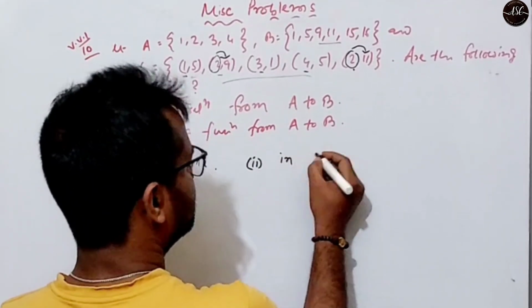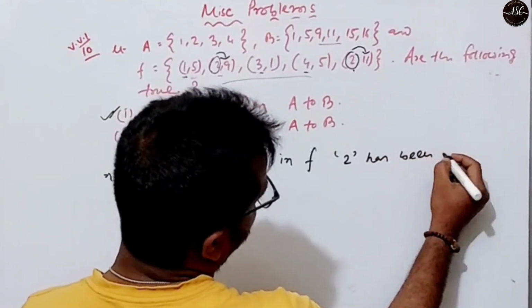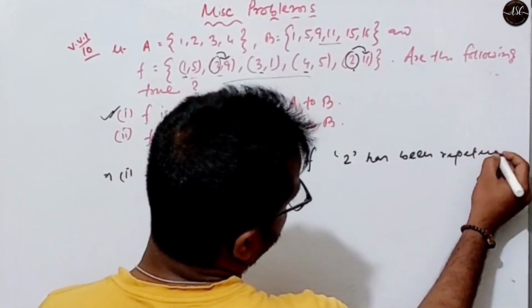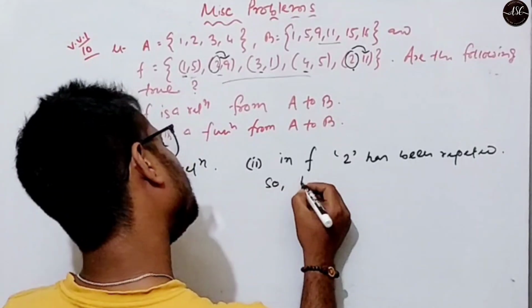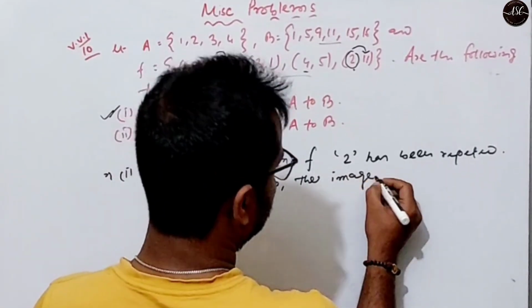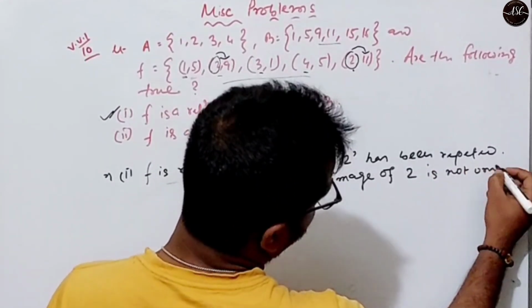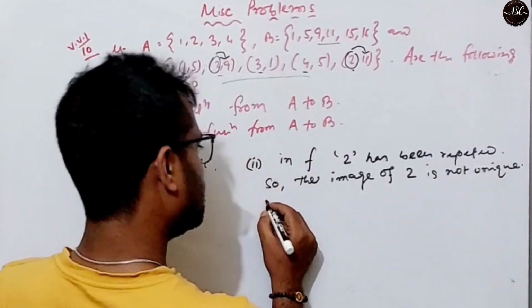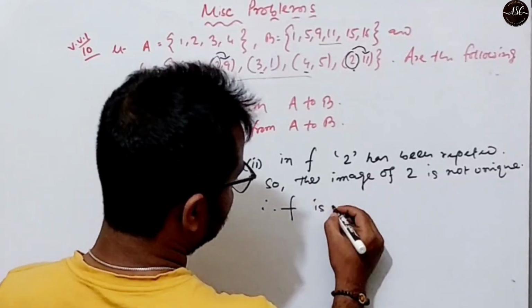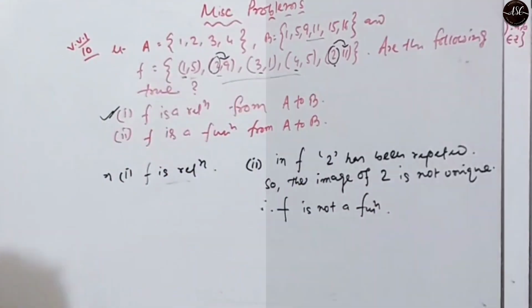In f, 2 has been repeated, so the image of 2 is not unique. Therefore, f is not a function. Clear?